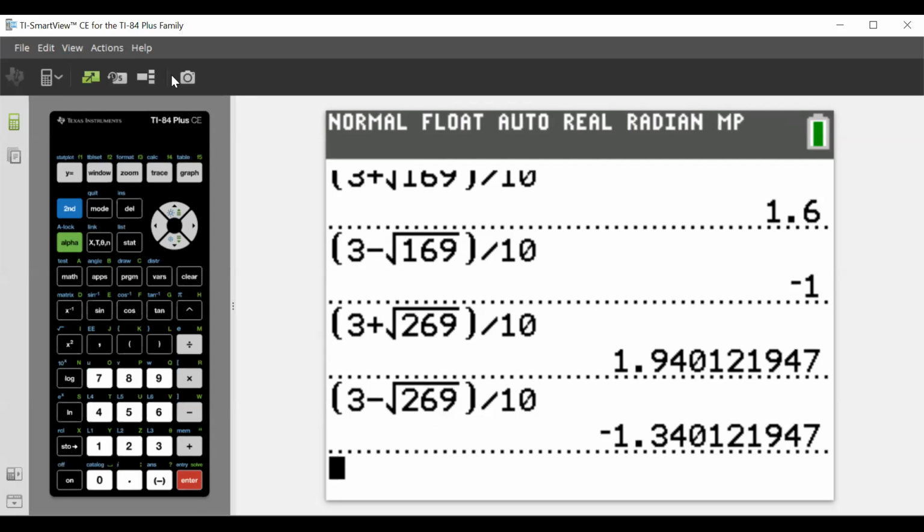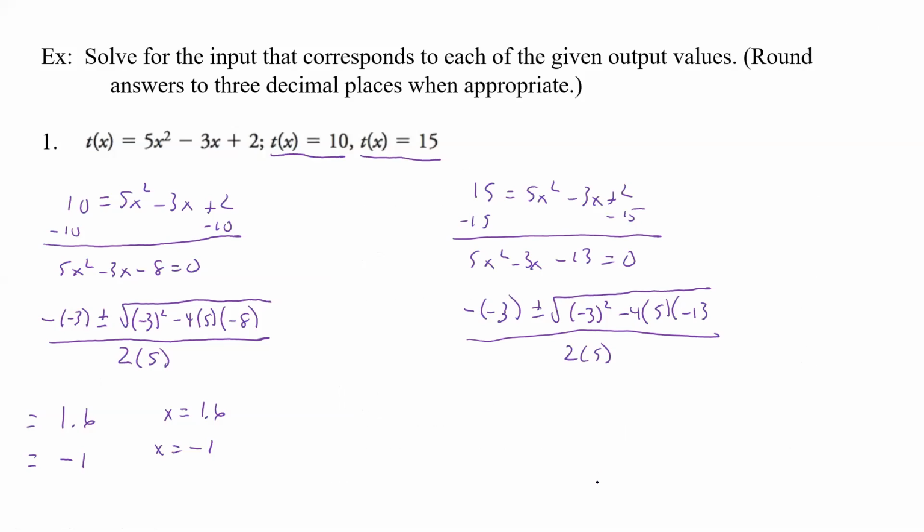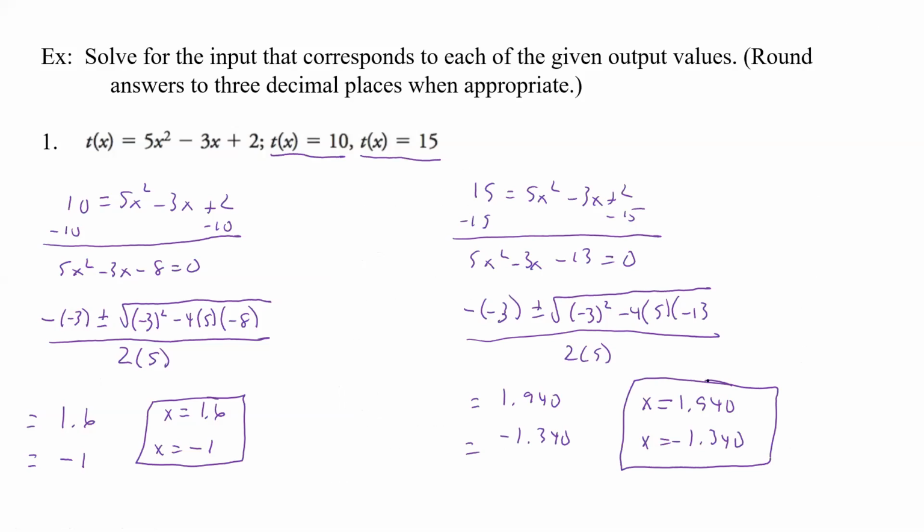Okay, so we get two values. And so here we get 1.940 and negative 1.340. So x equals 1.940 and x equals negative 1.340. So we get two values for both of these, which is to be expected due to the fact we have the quadratic.